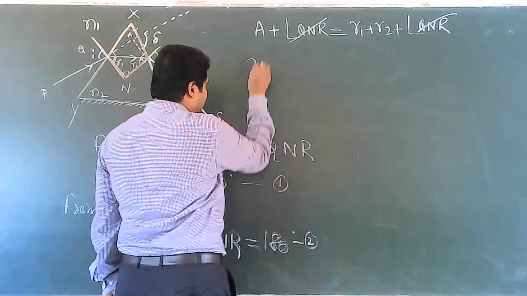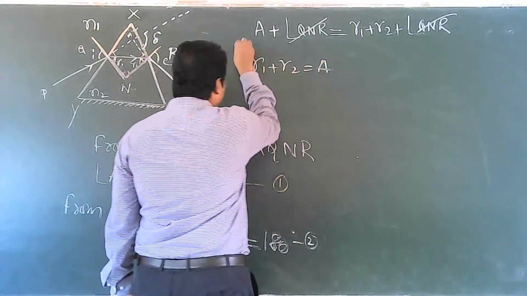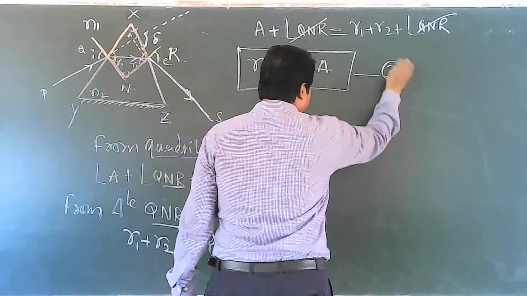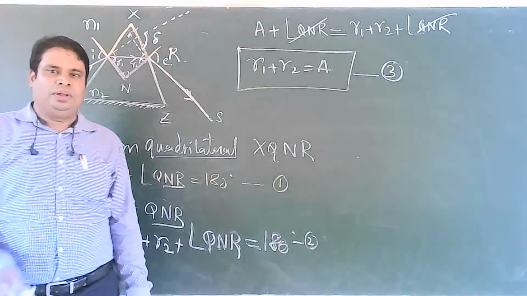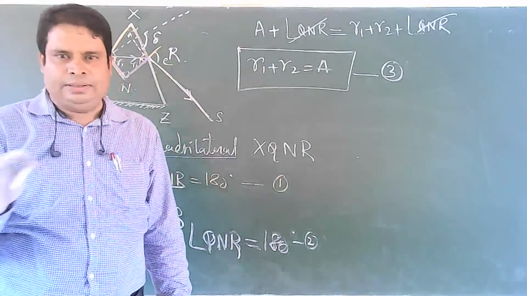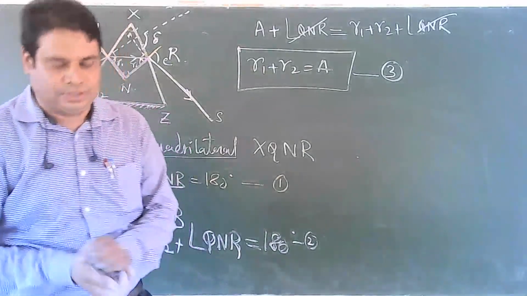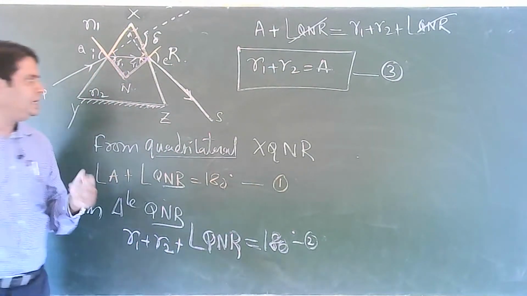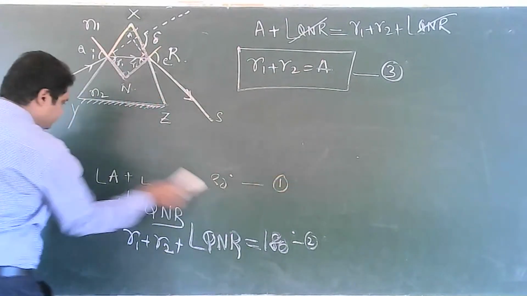Then R1 plus R2 is equal to A. Very important relation. If you have confusion, just go to the video once again. You will understand. Okay. Now, I will just rub these things.